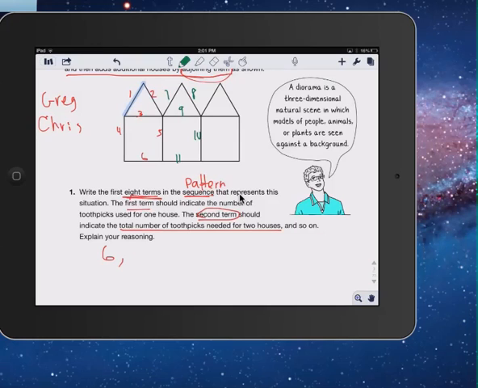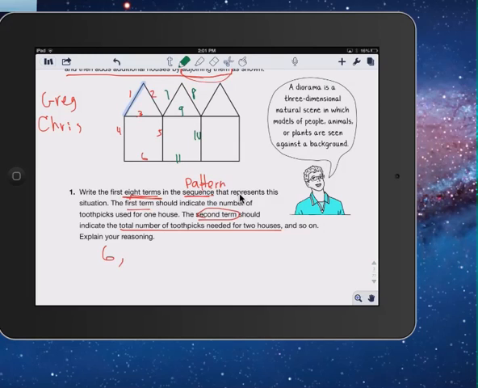Tell each other why not 12. Discuss with each other. Why not 12?